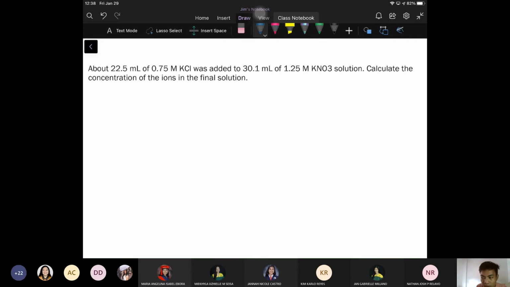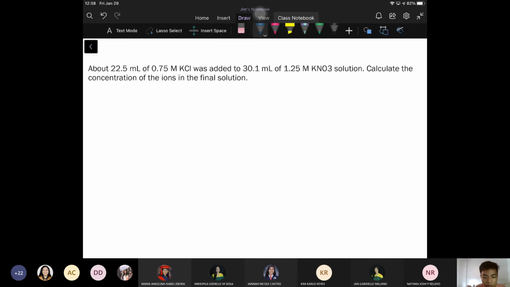Ano pa yung pwedeng magbago other than the volume? Yung moles ng substance, no? If you happen to mix similar ions, then that means dinagdagan mo yung moles ng ion mo sa solution. Okay? So in order for us to solve this problem, we should track, no? We should track the changes sa moles ng ating ions and sa final volume. Okay? So this is what we're going to do.